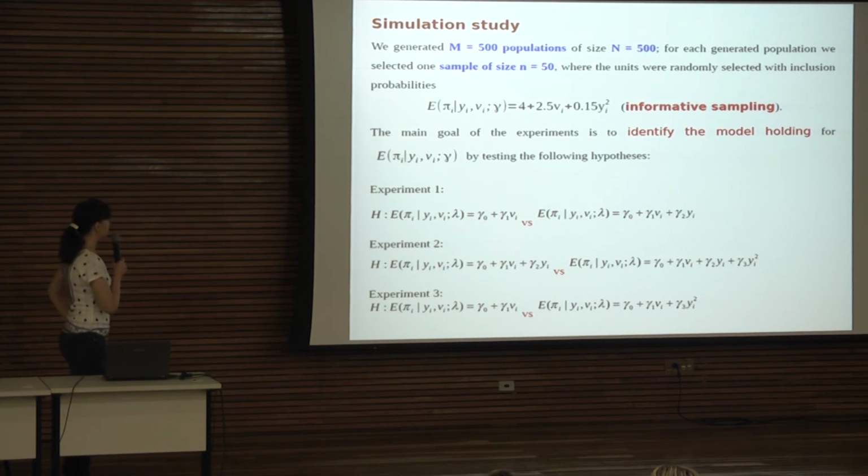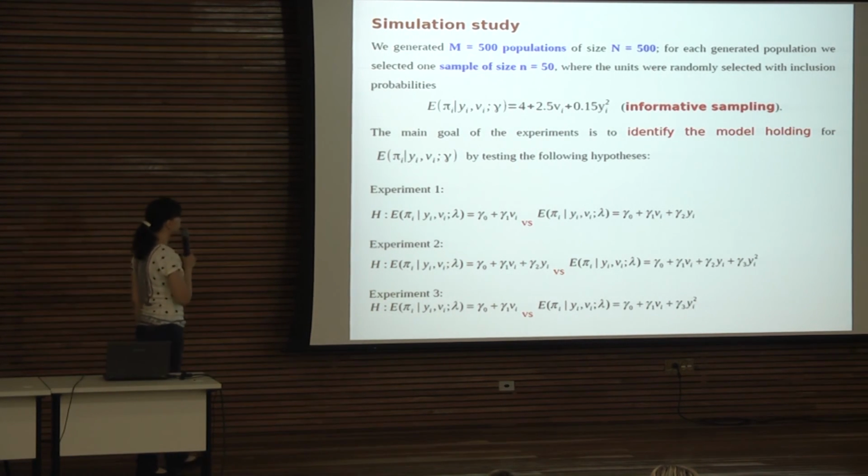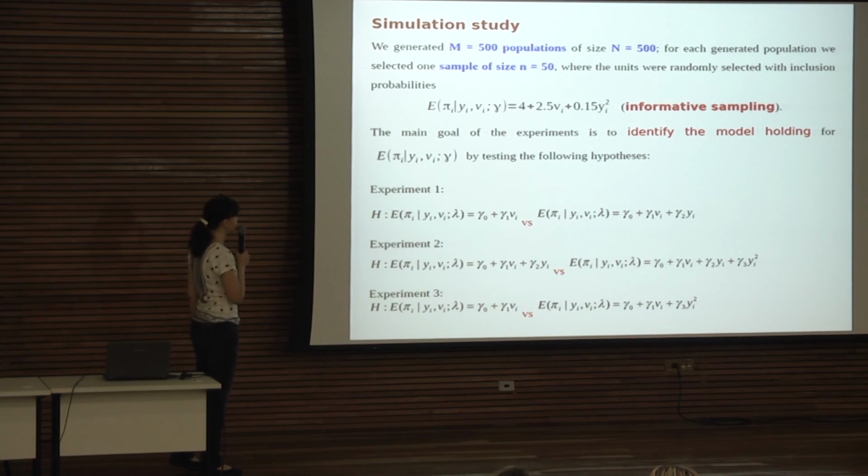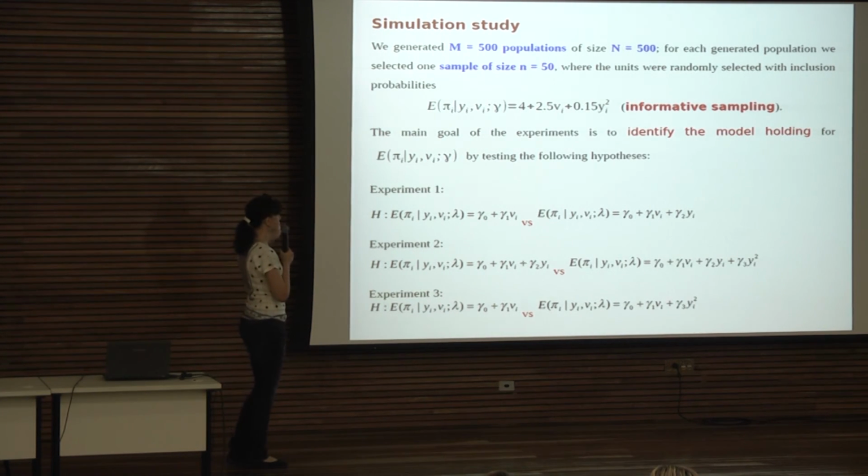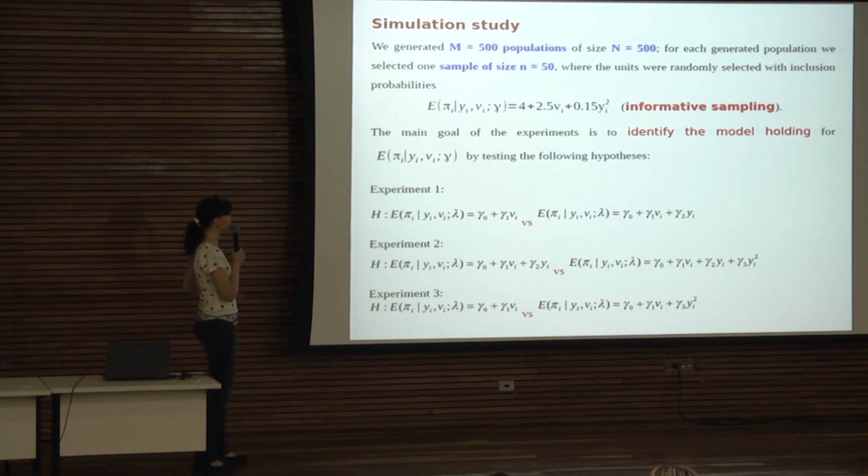Here I would like to show you the simulation study. We generated 500 populations. For each population, we selected a sample of size 50 using the model which includes y², which implies that the sampling scheme is informative.